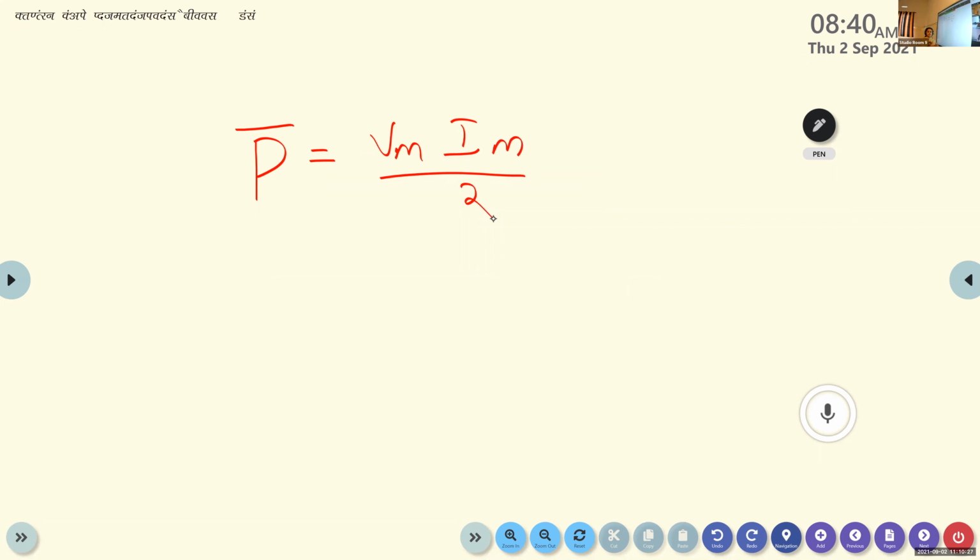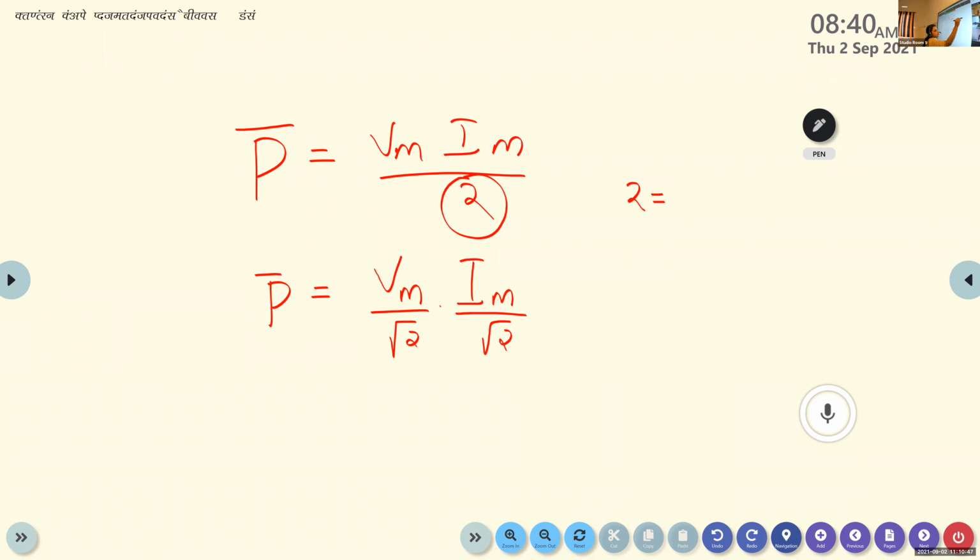Here we are going to split this term into two. That is, P bar is equal to Vm by root 2 into Im divided by root 2. In effect, root 2 into root 2 is equal to 2, so we split 2 into root 2 into root 2. So we split that term as Vm divided by root 2 into Im divided by root 2.